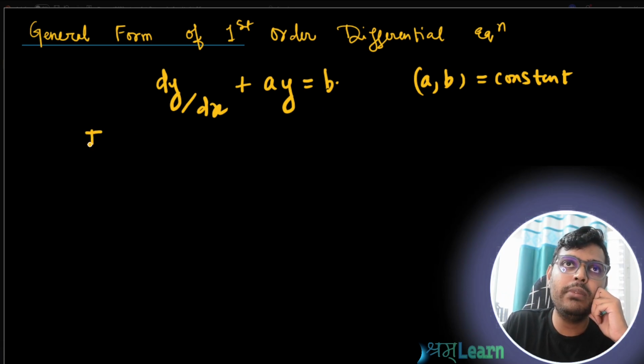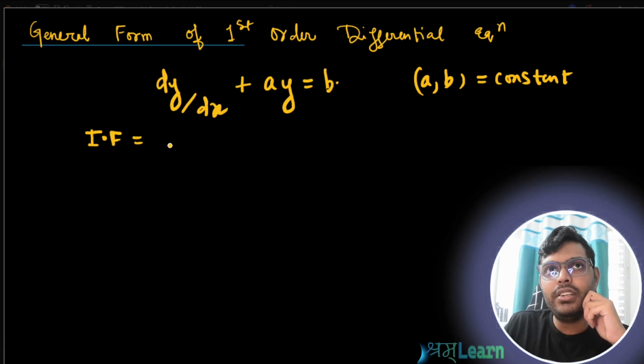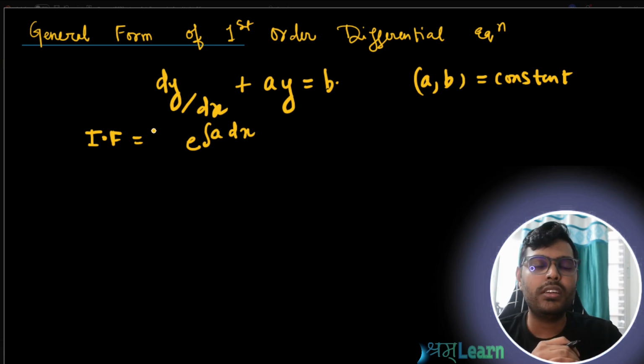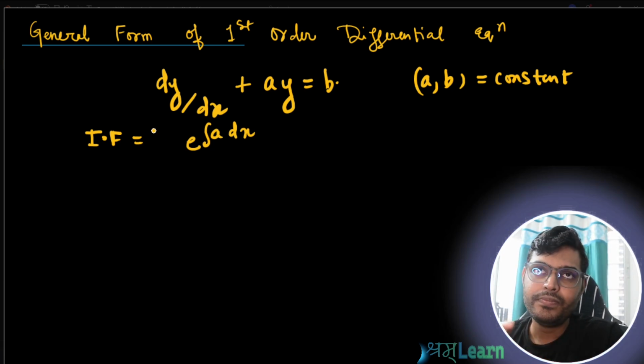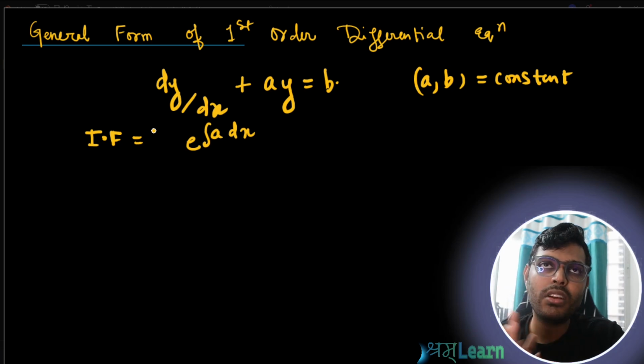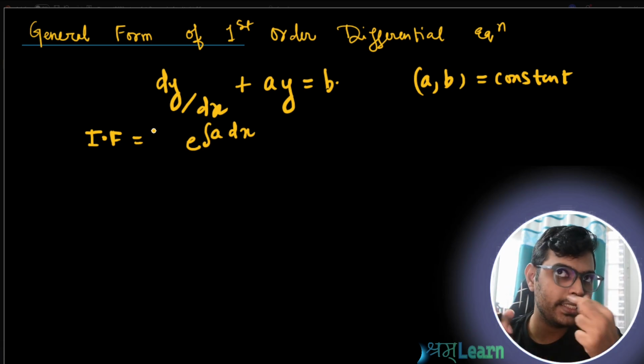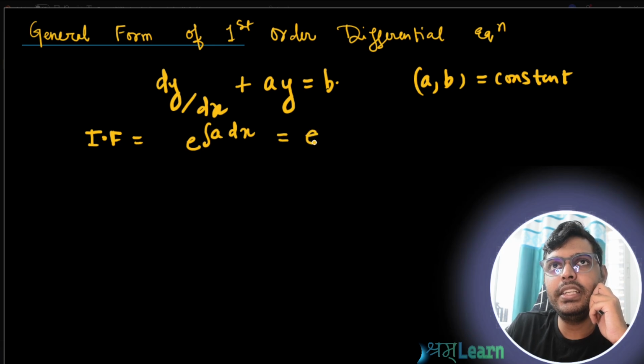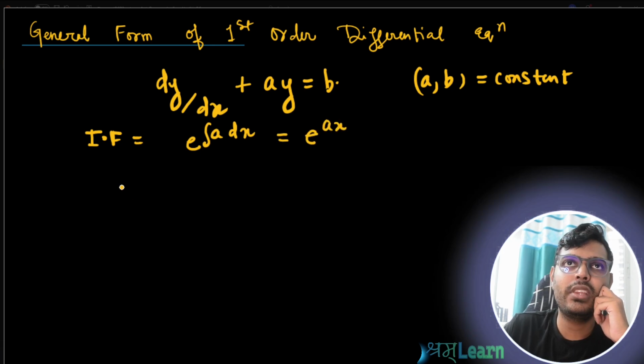Okay, if we multiply both sides of the equation with the integrating factor, which was e to the power integral a dx, in that case we will be able to solve the equation. So let us go ahead and quickly solve this one. Right, so this is the integrating factor. What is this? This is nothing but e to the power ax. Fine.